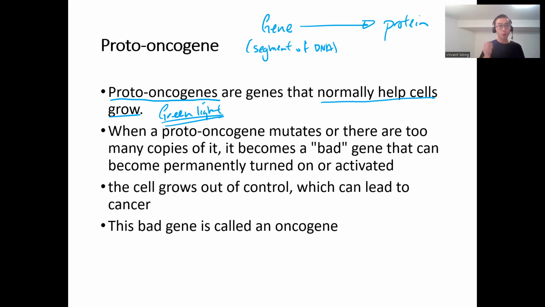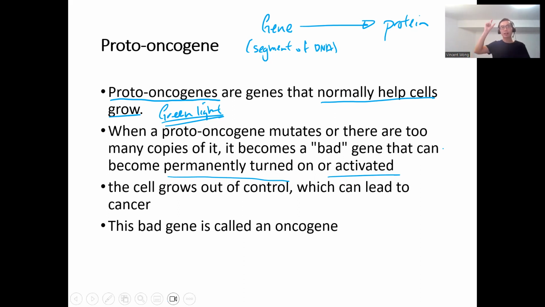So when the proto-oncogene mutates, or if you get too many copies of it, and that's possible, sometimes you copy the same section multiple times, then the proto-oncogene becomes a bad gene that is permanently turned on, permanently activated.